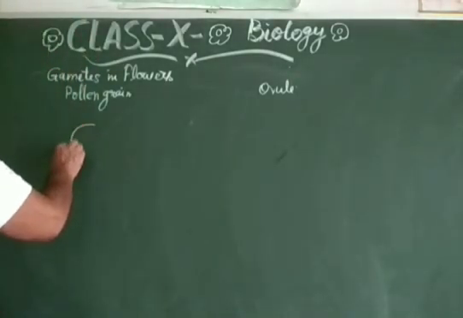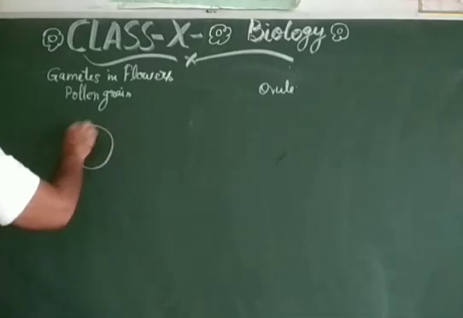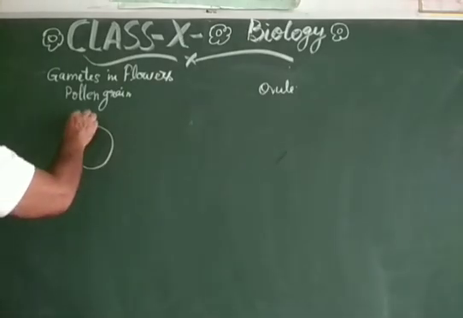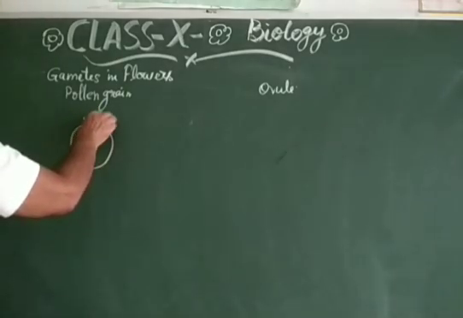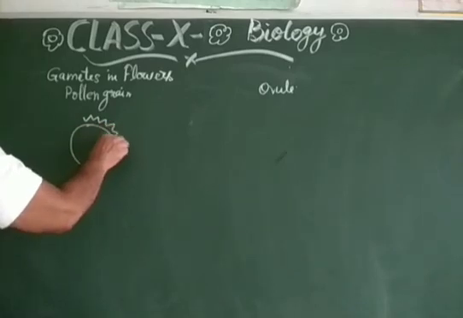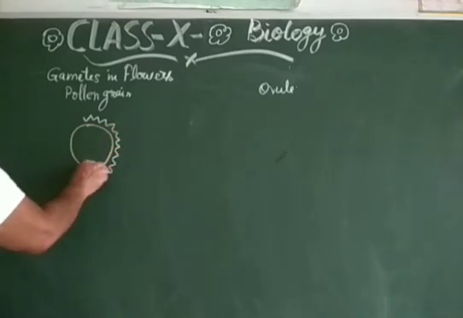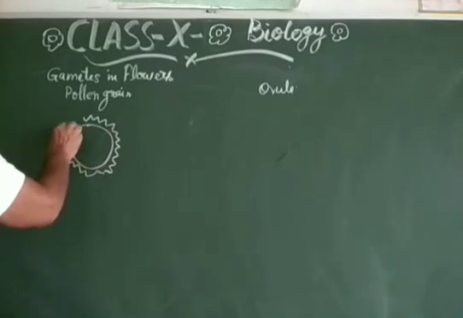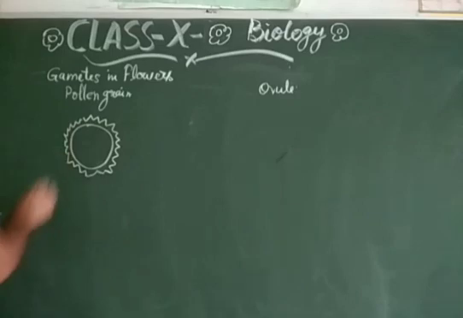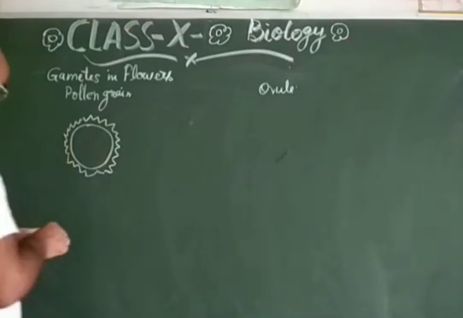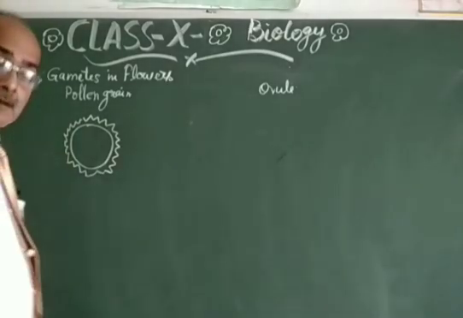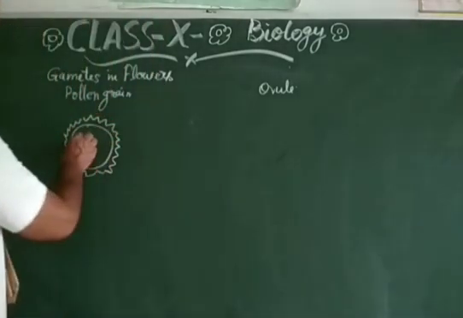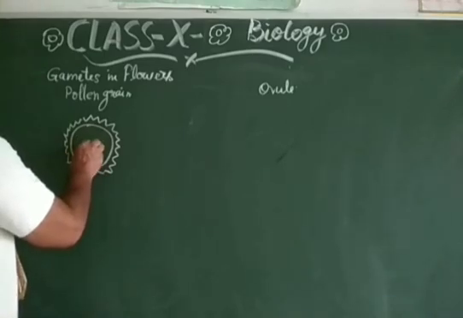These are the pollen grains, and the pollen grains get covered with the enzyme, which is for the protection of the pollen grain, and inside it the nuclei are formed.